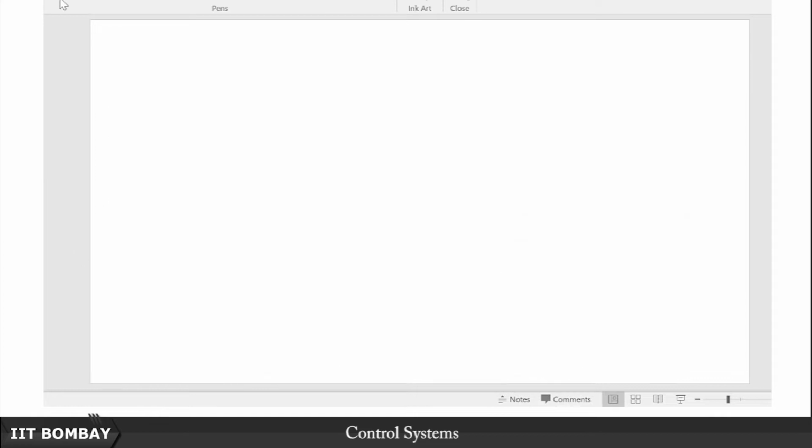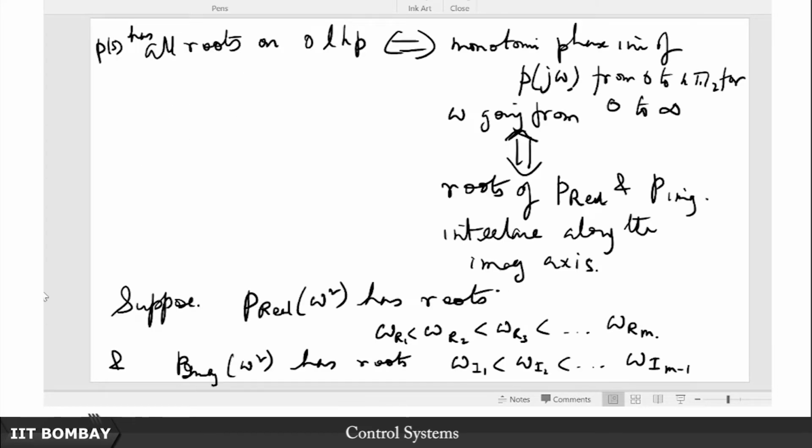Then this interlacing property says that I have 0 first; let me write omega for now, because I still have that omega inside.